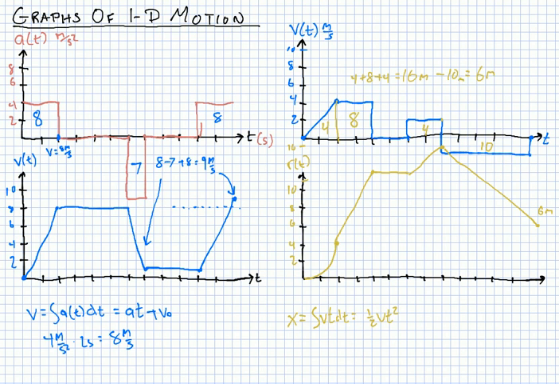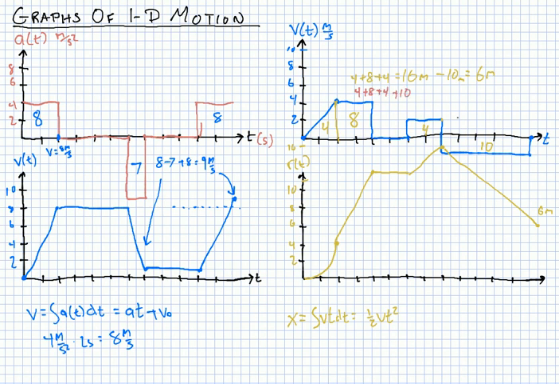So you see that by taking the area of each of these blocks, we can find out what the position was. Now let's say instead of finding our final position, we wanted to find the total distance traveled. Okay, that's going to be the same thing, only now we have 4 plus 8 plus 4 plus 10.